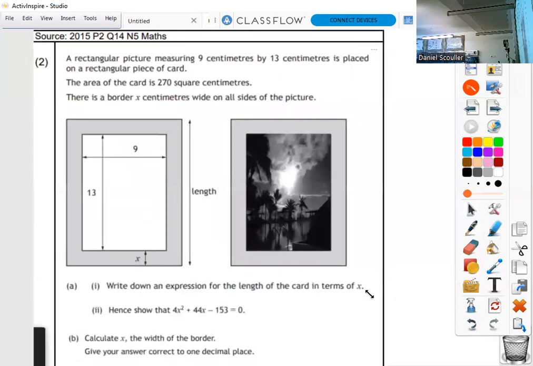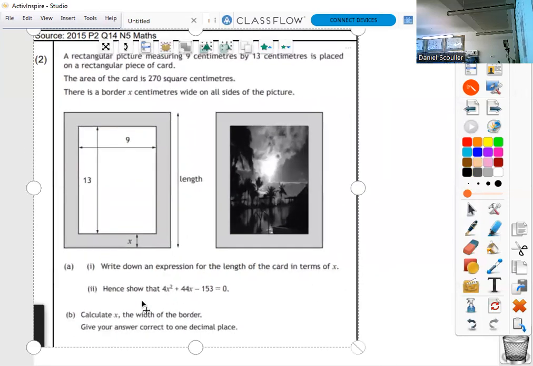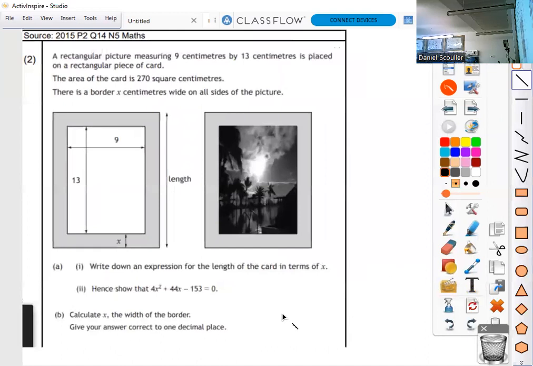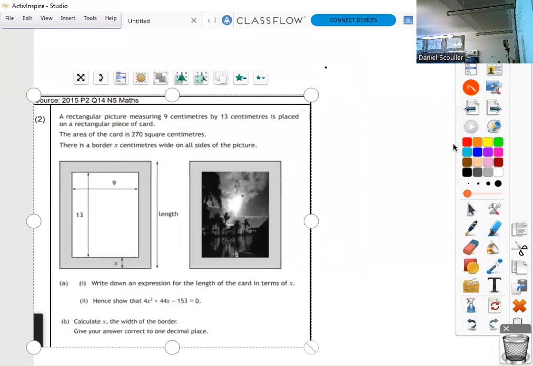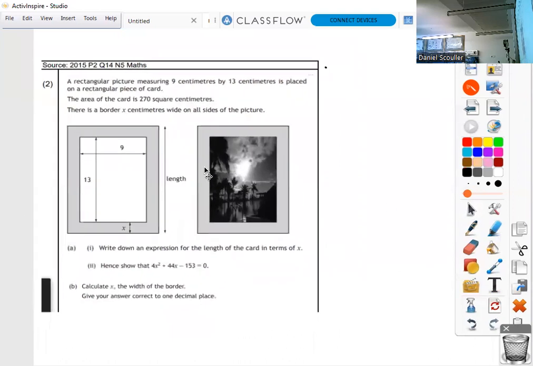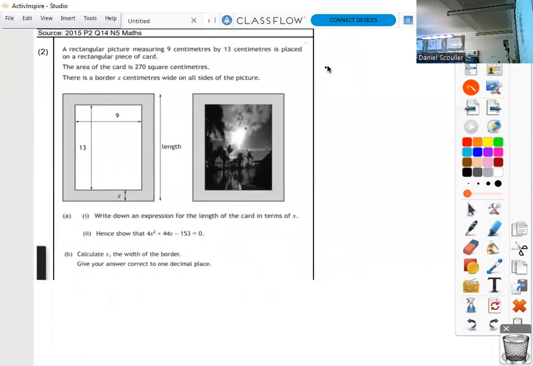Right, so you had a very similar question in your exam, in your prelim. So this question that I've pulled up is a 2015 past paper.